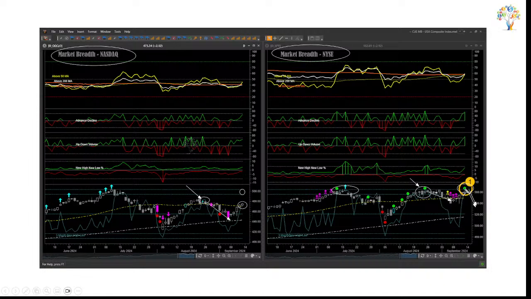That is, NYSE is already extremely overbought. When it pulls back, if it pulls back, I am expecting Nasdaq to be pulled down along with that, just like it happened earlier. Meaning that Nasdaq is weaker than NYSE, and NYSE is extremely overbought.